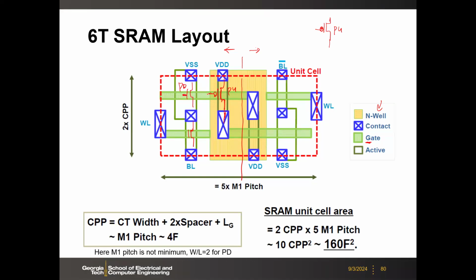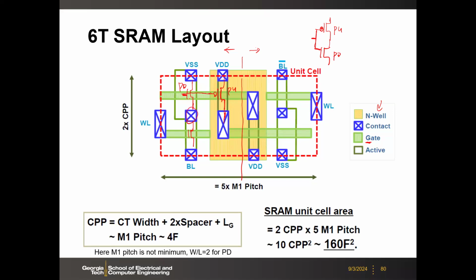Because you see here, it's an inverter, they share the same input, the same gate. That's why this green line controls both pull down and pass gate. And then where is the storage node? This is the storage node.